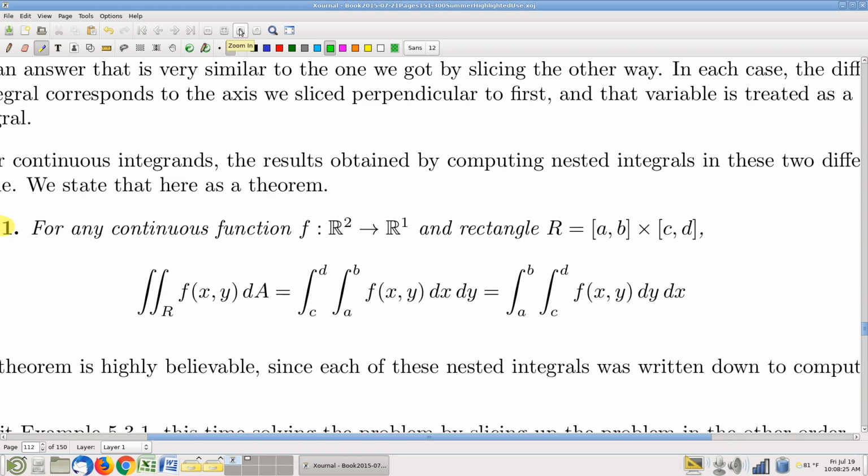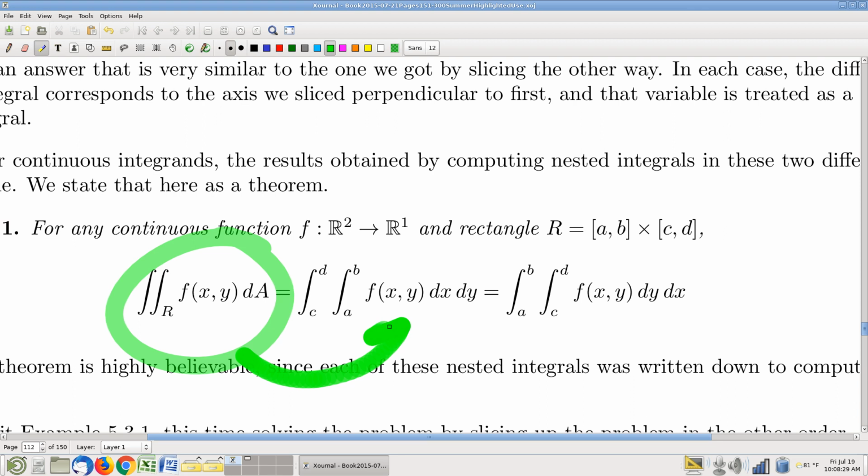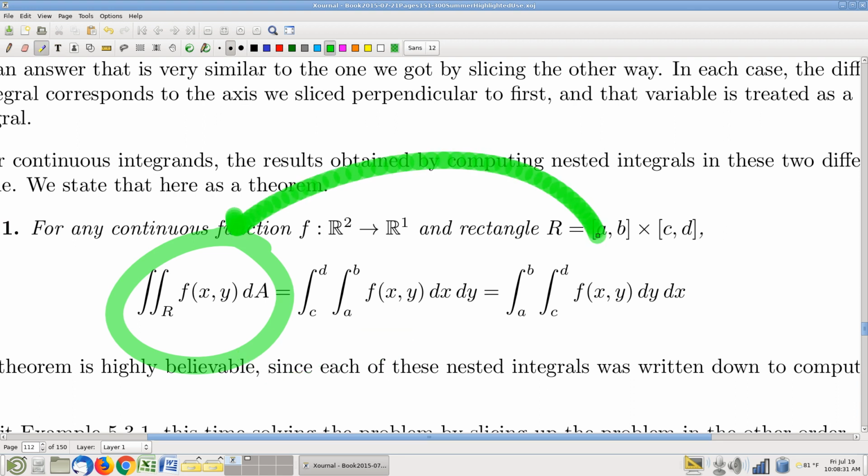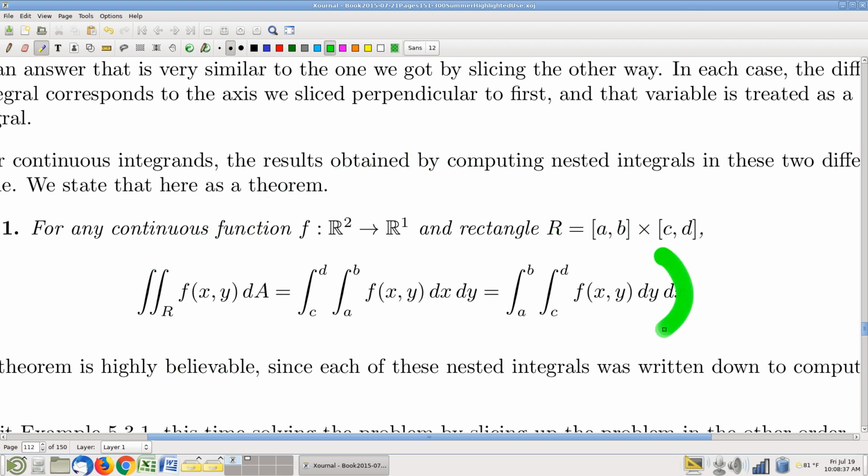That's really good news. But this double integral, on the one hand, you can slice it up the way we did the first time. Notice that for this first slicing, we have x on the outside and y on the inside. Our integrand is f. Well, of course it is. Same f.